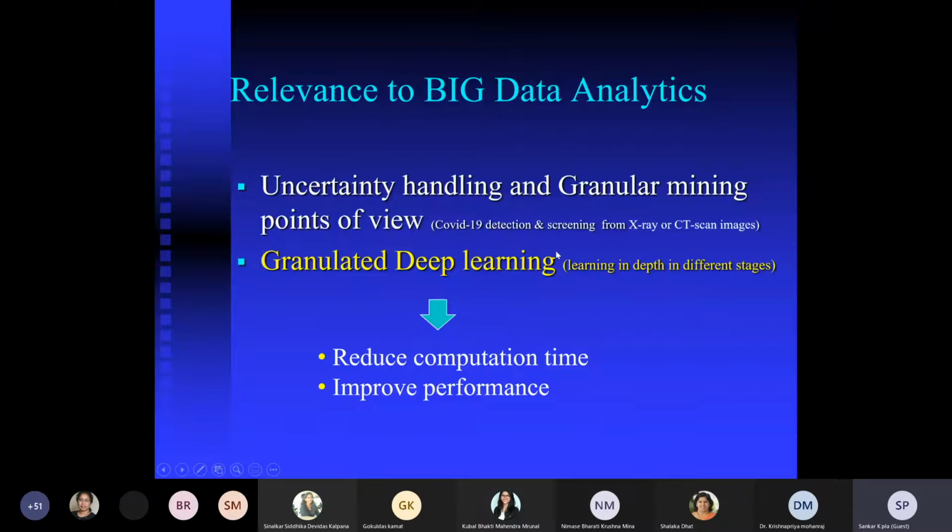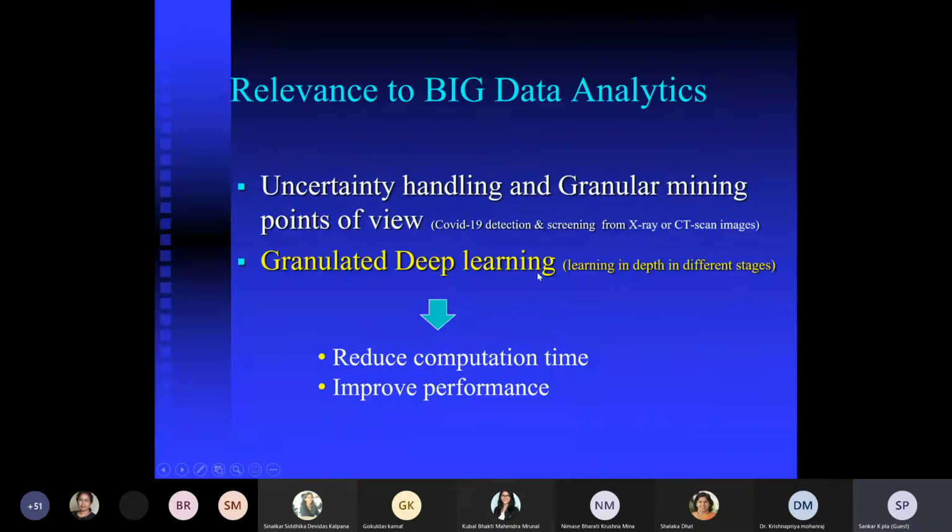Today, machine learning means deep learning, AI means deep learning, for any kind of data, because you have abundant data, and if you have some architecture also. So in a layman's sense, it is learning in depth in different stages. It is an advanced form of machine learning.